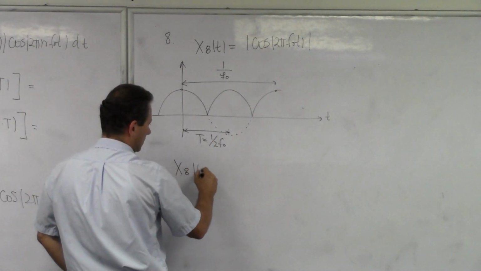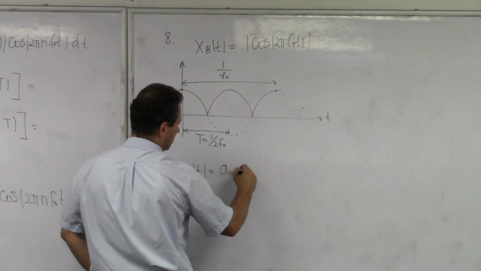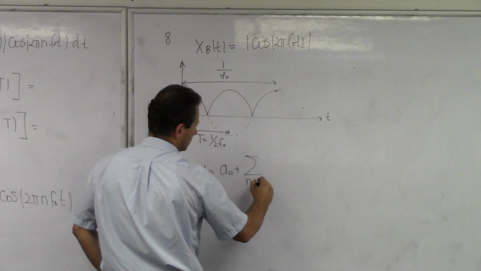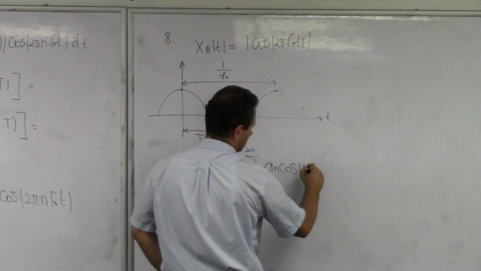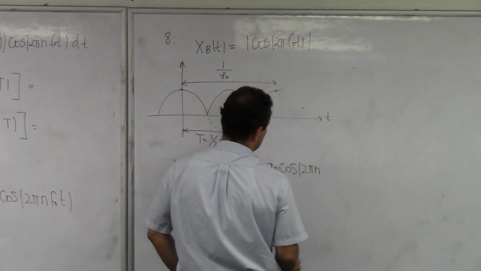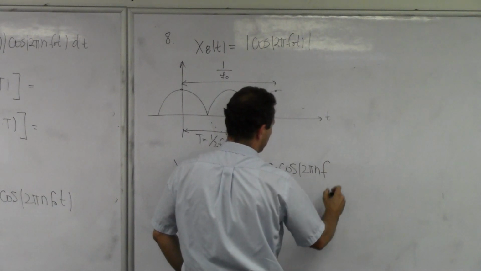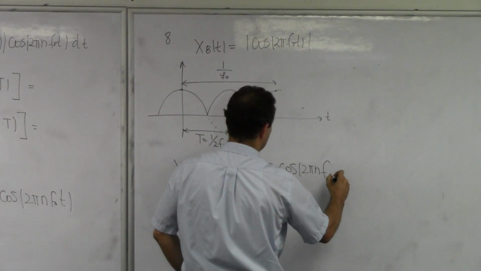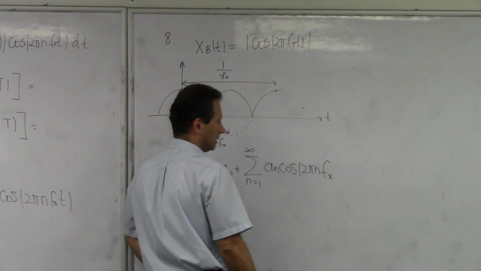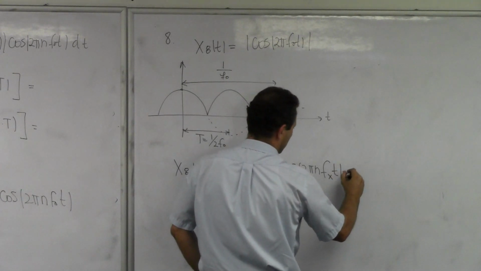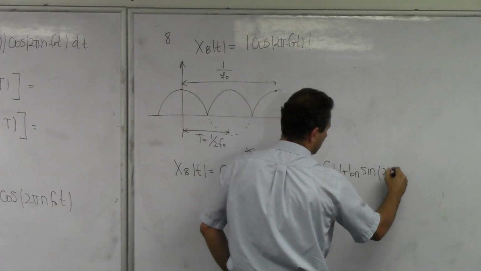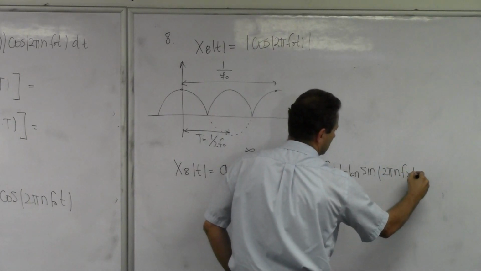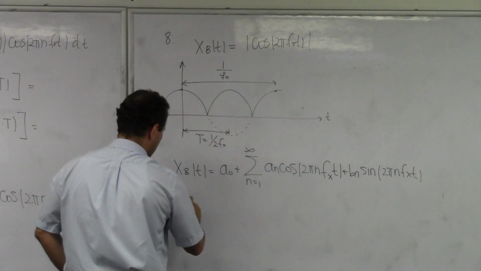X8 of t is going to be equal to a0 plus the sum when n goes from 1 to infinity, and again cosine 2 pi n, and let me call it fx, to make sure that it's different, plus bn sine 2 pi n fx t. What is fx?